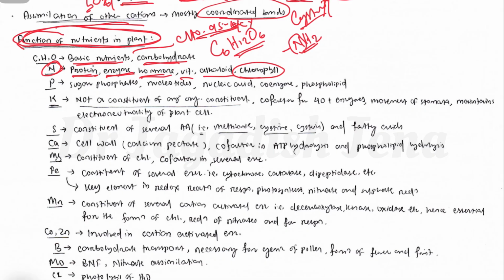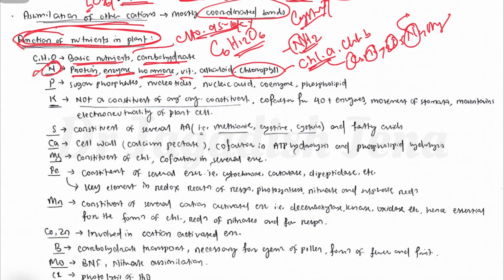Different types of chlorophyll are there, and the major ones in plants are chlorophyll A and chlorophyll B. Mostly chlorophyll A, whose formula is C55H72O5N4Mg. Here look, the major constituents are carbon, hydrogen and oxygen. Then nitrogen is one of the elements.